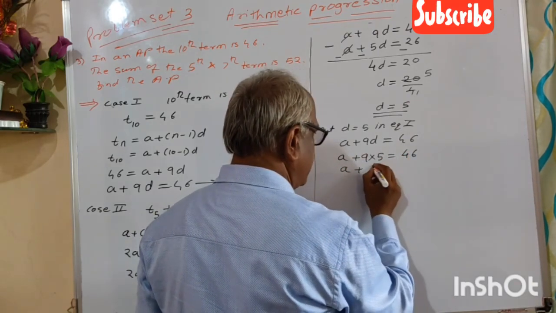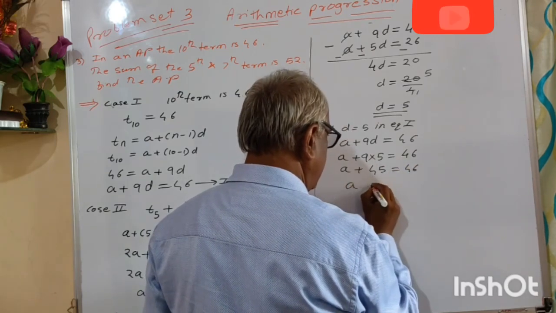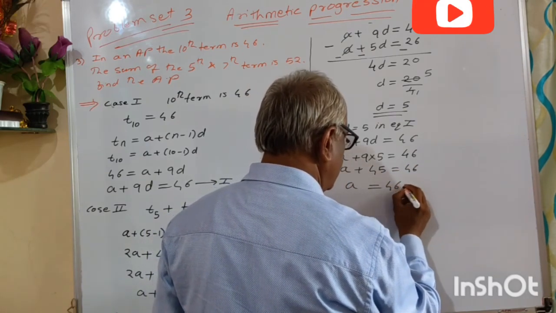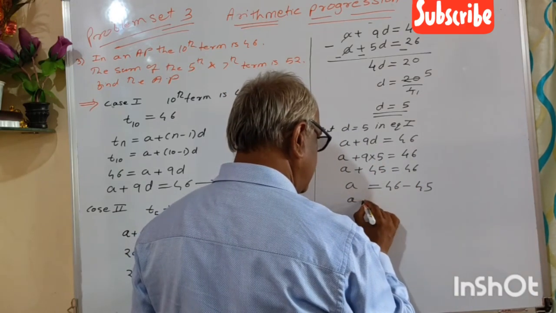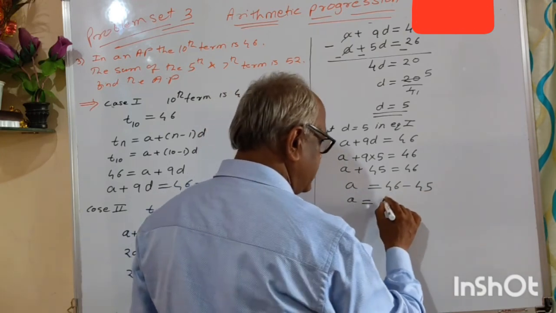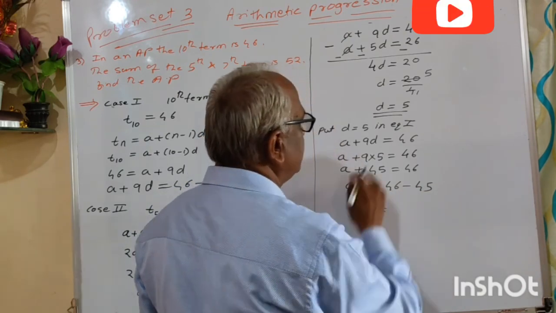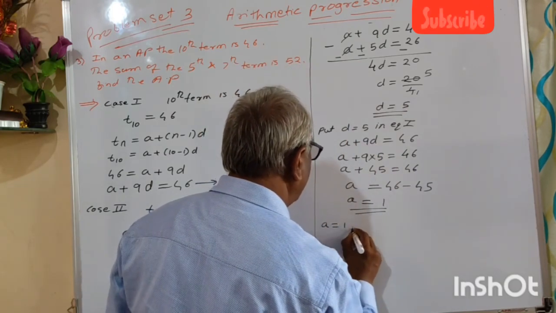A plus 9 5s are 45 is equal to 46. Then a is equal to 46 minus 45, as this is shifted to the other side. A is equal to 46 minus 45, that is 1. This is the first term, and the difference I got is d equal to 5.